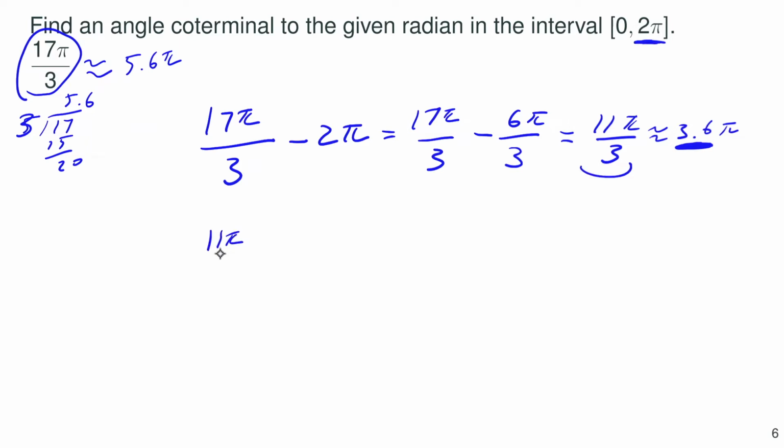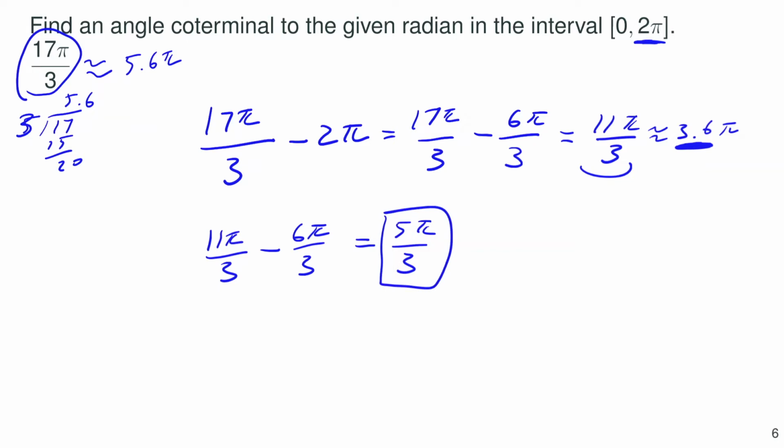From 11 pi over 3, we subtract 2 pi again, which is 6 pi over 3. That gives us 5 pi over 3. Now 5 pi over 3, we know that it's less than 2 pi, because if it were greater than 2 pi, this number right here would have to be greater than 6. So this is the answer. This is a coterminal angle to 17 pi over 3 that is between 0 and 2 pi.